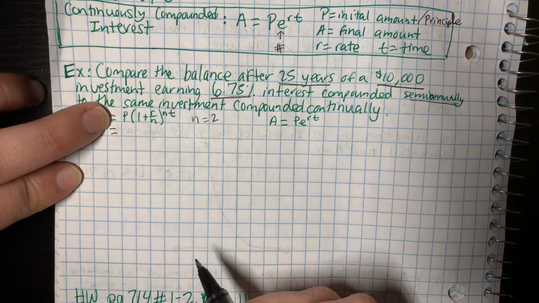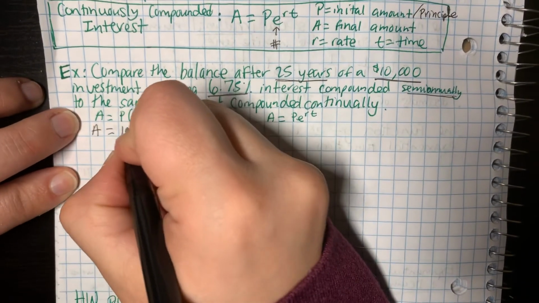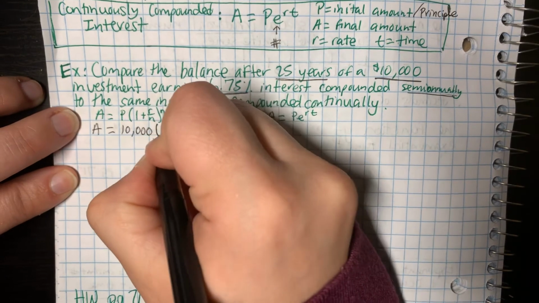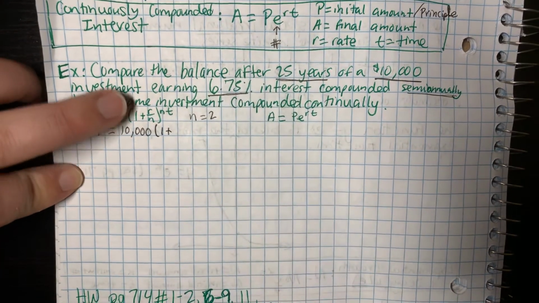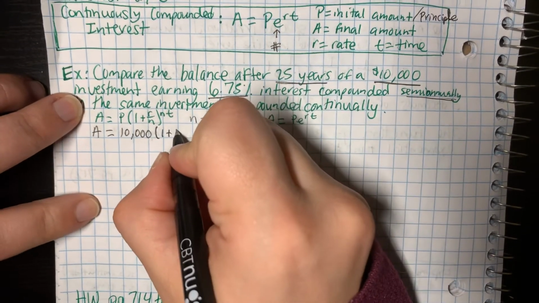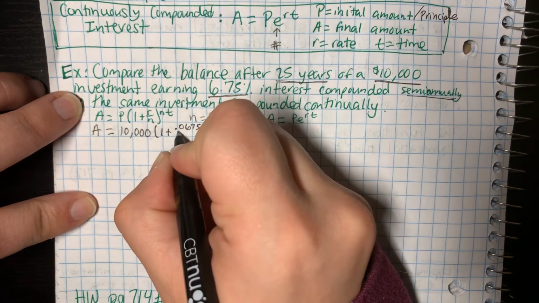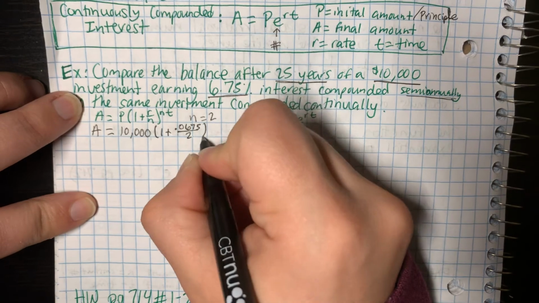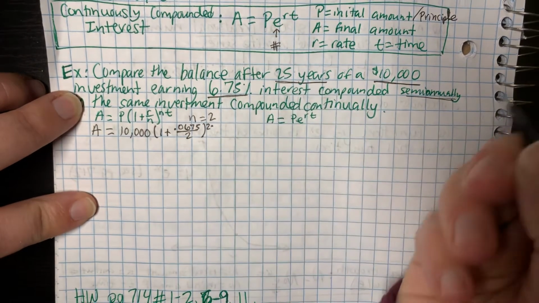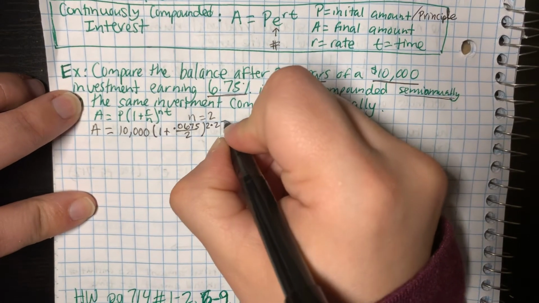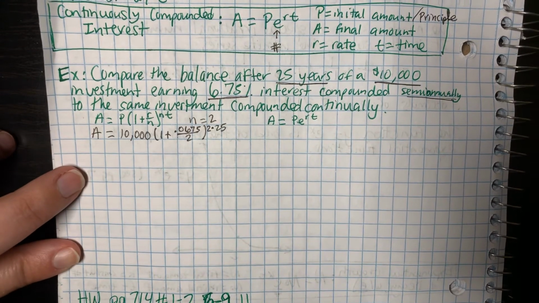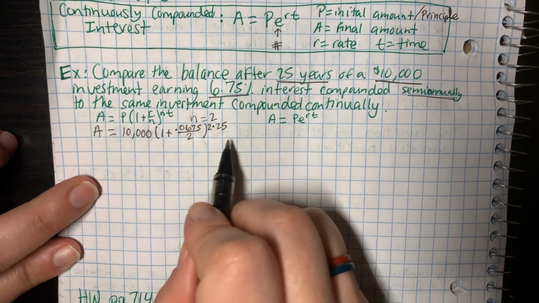So our principal, our beginning amount was $10,000. Our rate, remember that has to be a decimal, so 0.0675 divided by 2 times 2 times 25. Okay. You can go ahead and plug this in your calculator.